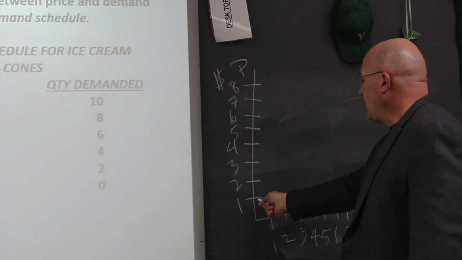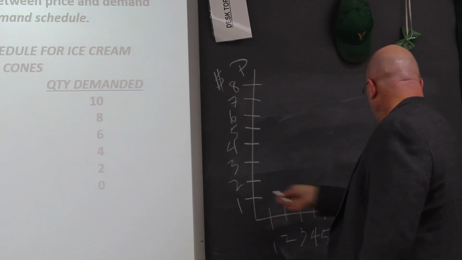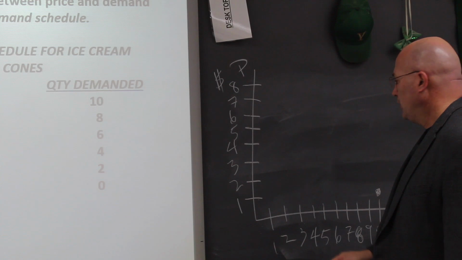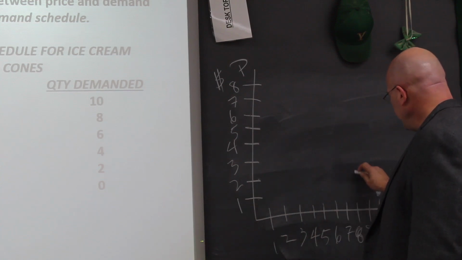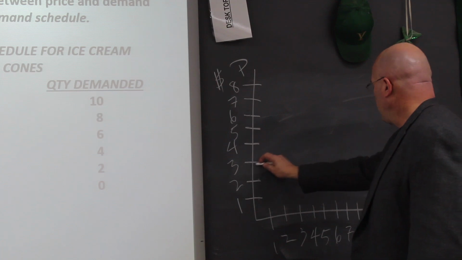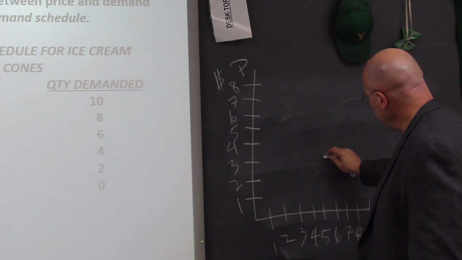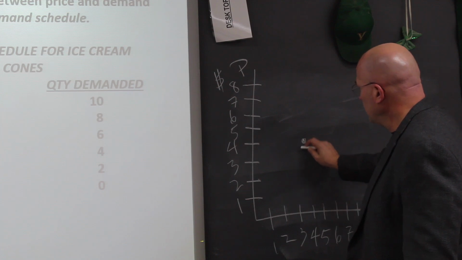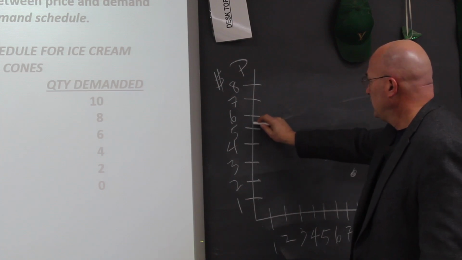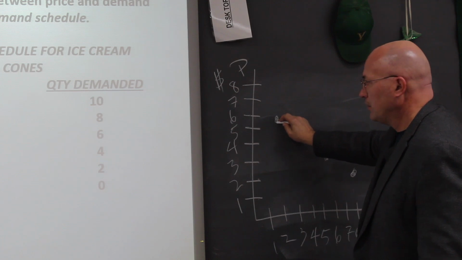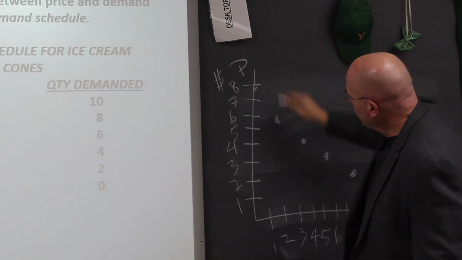Okay, at $1, what's my quantity demanded? 10, right there. At $2, my quantity demanded would be 8. At $3, quantity demanded is 6, and so forth.